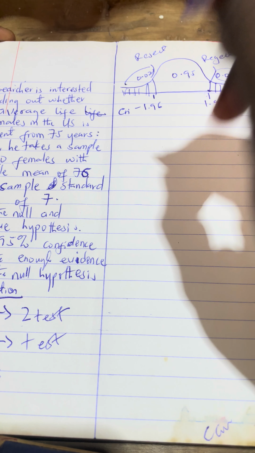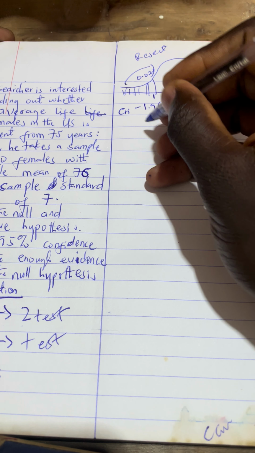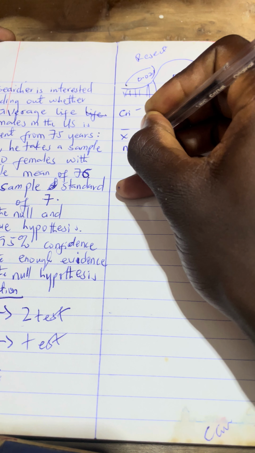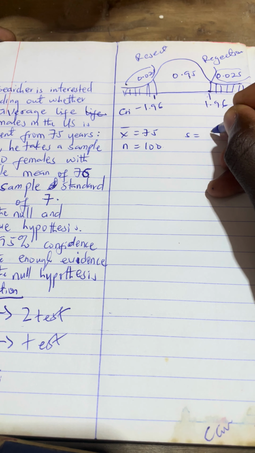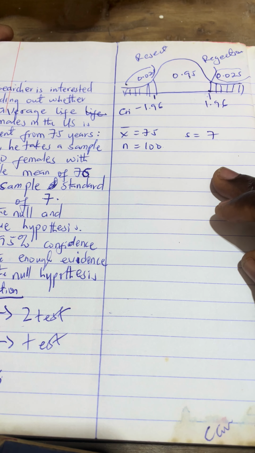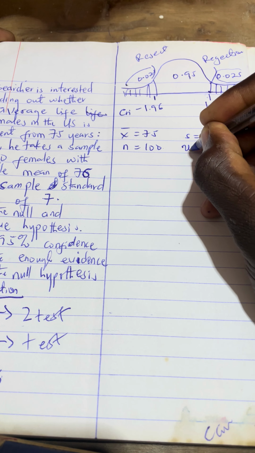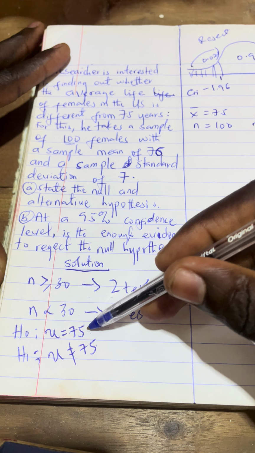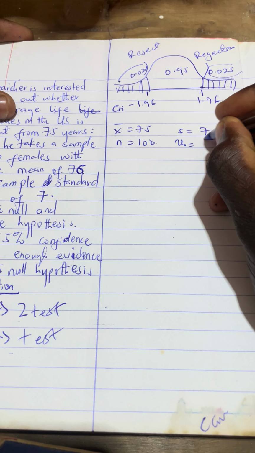Now let's solve for our z value. So first, let's write the data given. We were given a sample mean of 76, an n value of 100, and a standard deviation of 7. And of course, the population mean is very important. We use the initial population mean, so the population mean here is 75.